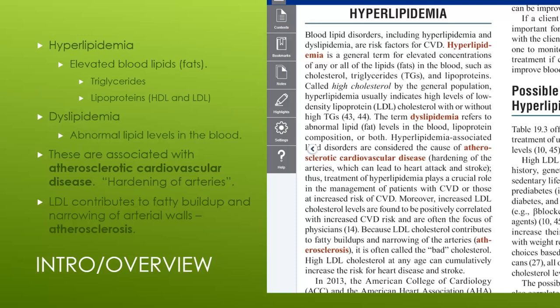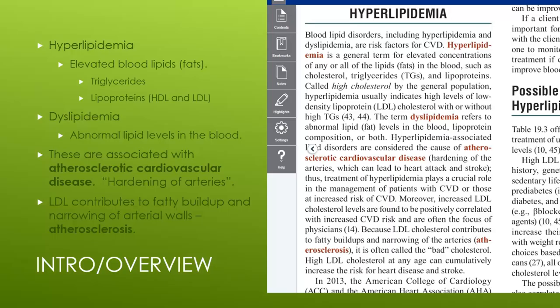And LDL, that is low density lipoprotein, and low density lipoprotein contributes to the fatty buildup and the narrowing of arteries. So you can think of this in terms of a couple things that are going on here, one of which is you have a vascular system that's becoming more rigid, and the pressure itself that's being exerted is not really being dissipated through the system because it's losing its elasticity through the atherosclerotic cardiovascular disease.